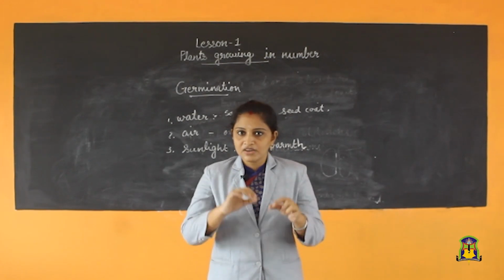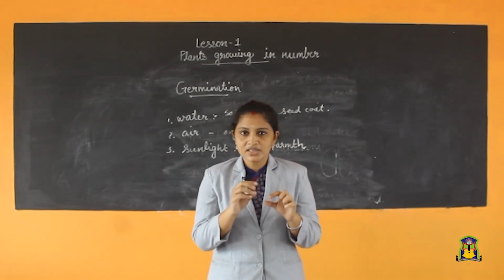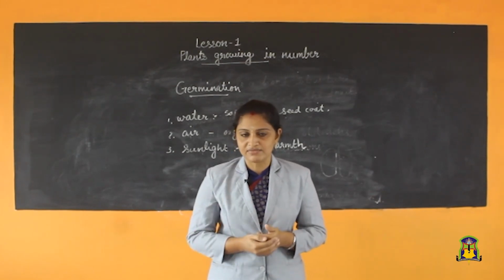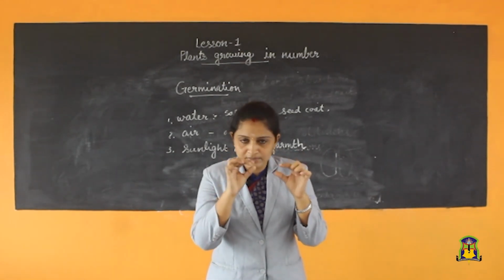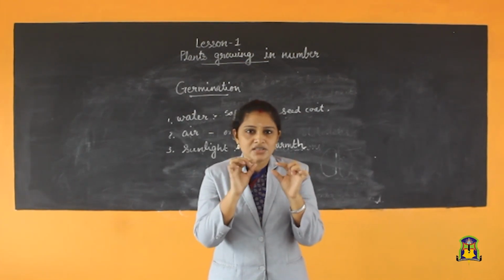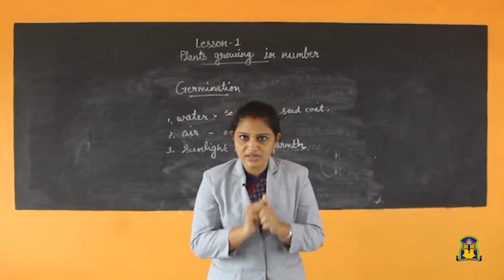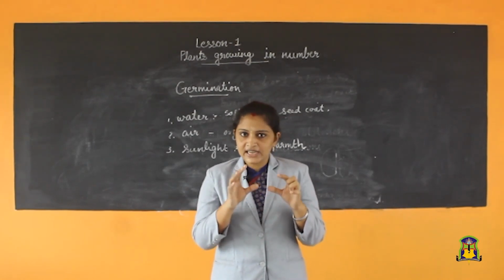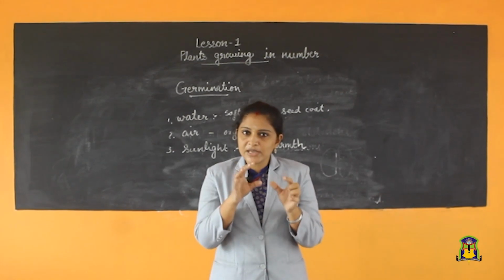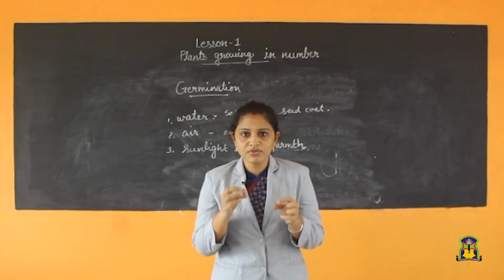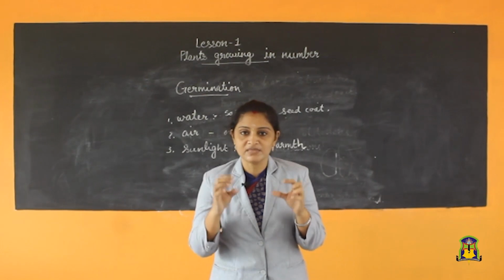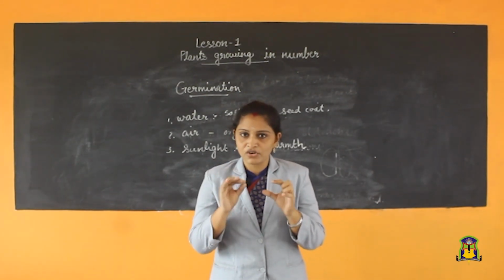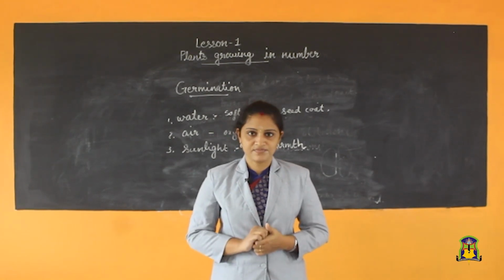And after a few days, two tiny leaves will form from this baby shoot. At this germinating stage, this baby plant will receive food from where? From the cotyledons. So, the cotyledons give food for this baby plant.